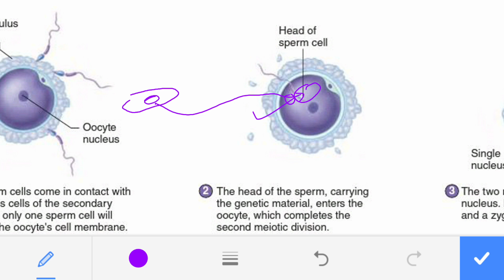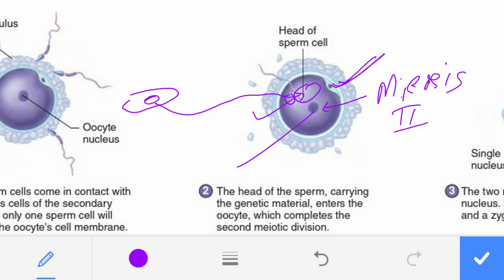At this time, this is the nucleus of the secondary oocyte, and it completes meiosis 2.